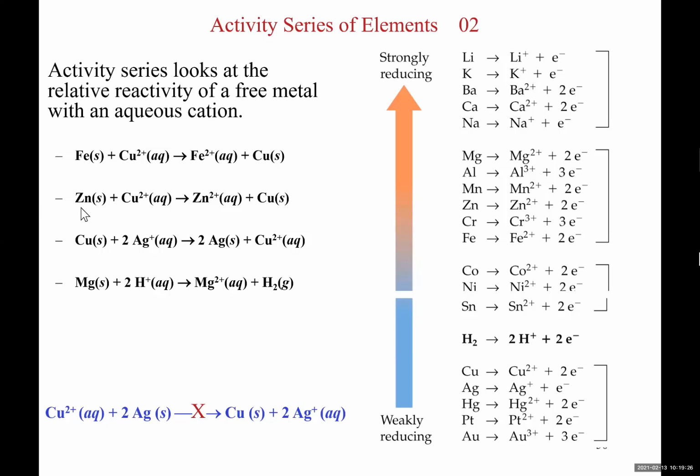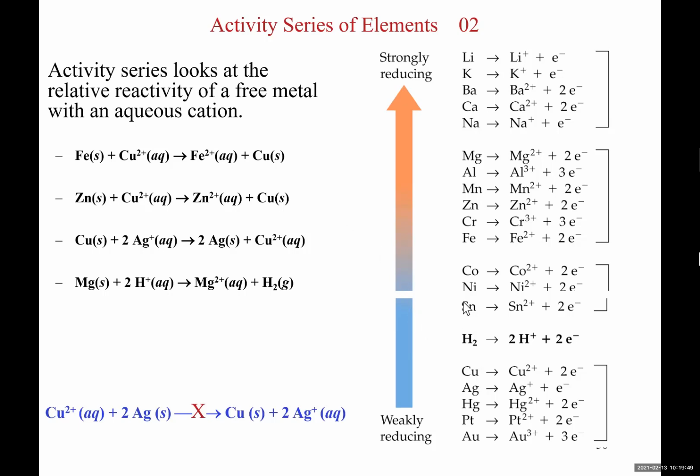And let's compare the two metals on the left and right of this equation. Is this reaction going to happen or not? So what I see is zinc, compare zinc to copper. If zinc is at a higher location in the activity series, the reaction is going to happen. So is zinc above copper metal or not?